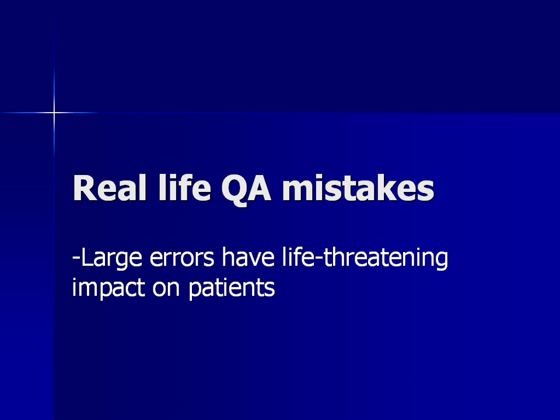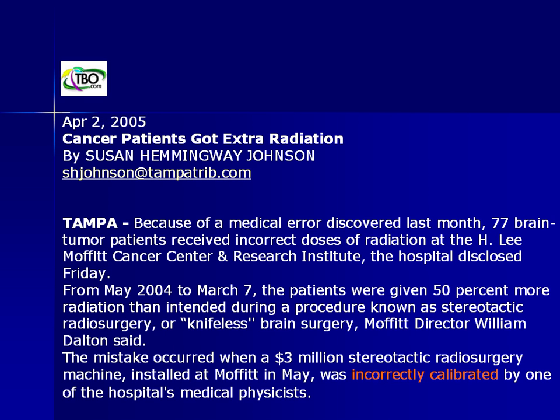So I always like to start out a QA lecture by showing you a couple of those very serious QA errors that have led to life-threatening impact on patients. So you may be aware of some of these.